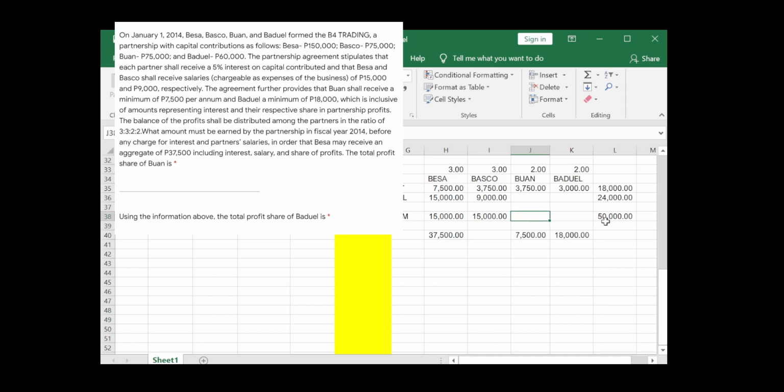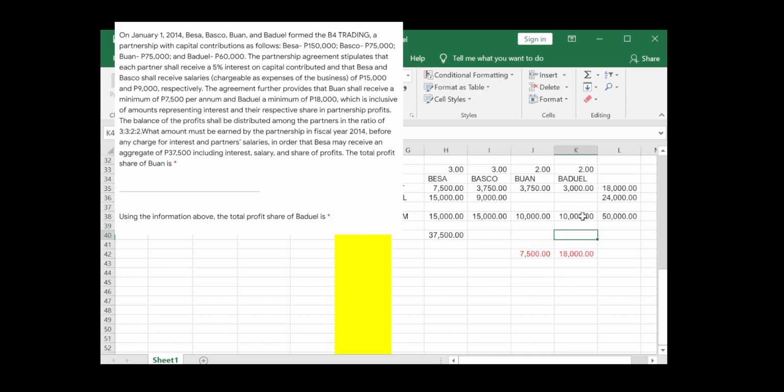Okay. Now, punta tayo dito sa dalawang to. So, 20% ng 50,000. Just to make sure na tama yung sagot natin. Okay. So, 50,000 times 20%. We have 10,000 and 10,000 din para kay Badwell kasi 20% din yung kanya. Pero, kung makikita natin, yung total amount, diba ito dapat yung minimum, ito yung required na matanggap nila.